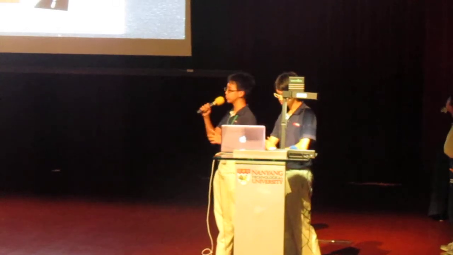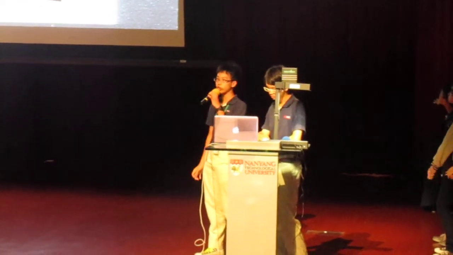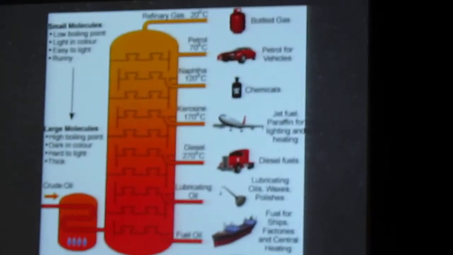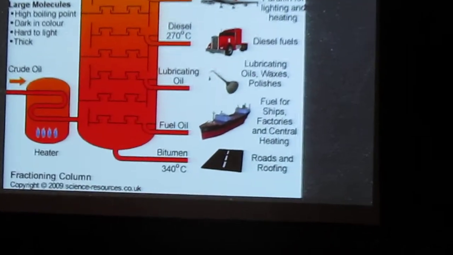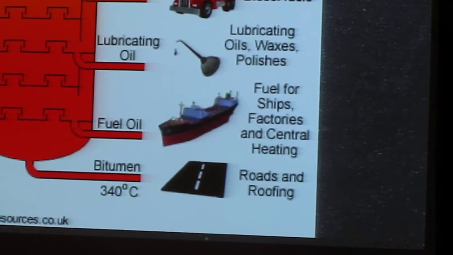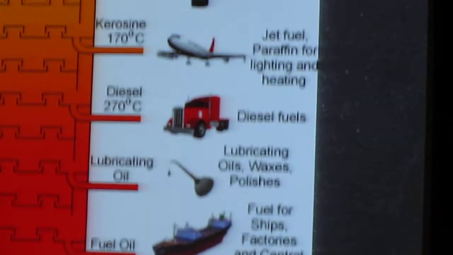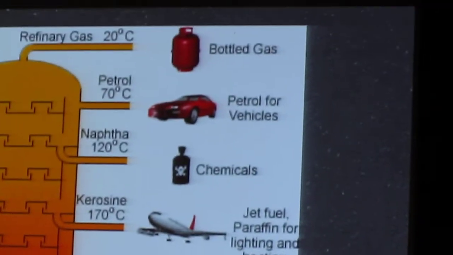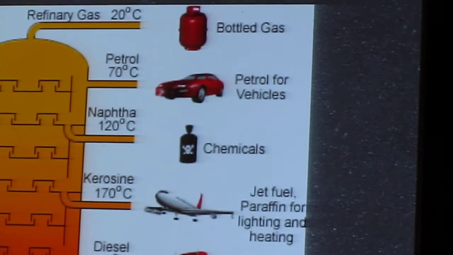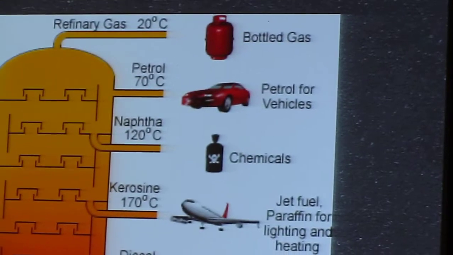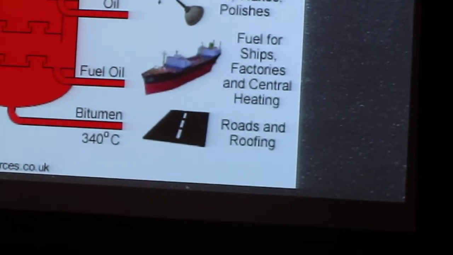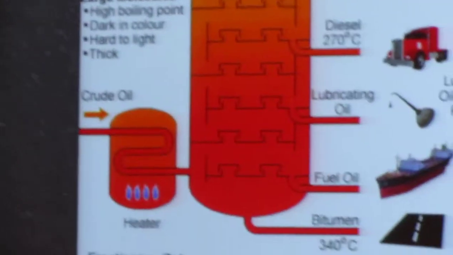Now moving on to crude oil. As we learned from science last year, different substances have different boiling points. For refinery gas, the boiling point is at 20 degrees, so it will be boiled first, and bitumen will be the last, at 340 degrees Celsius.